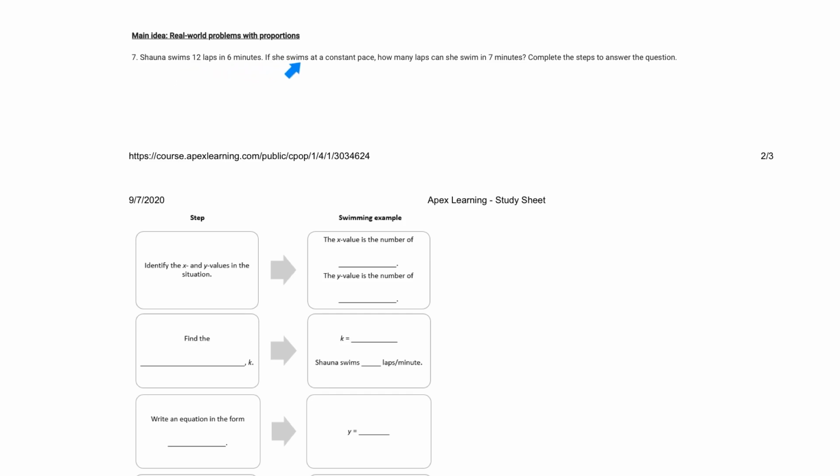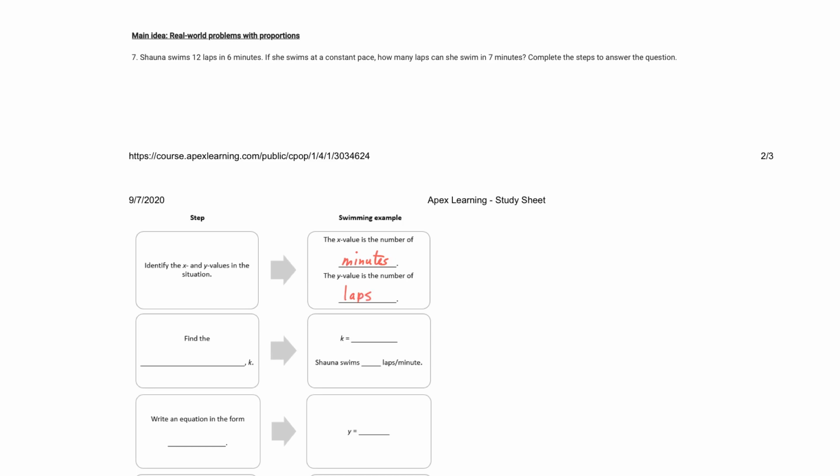If she swims at a constant pace, how many laps can she swim in 7 minutes? Complete the steps. The x value is going to be the number of minutes, and the y value is going to be the number of laps.